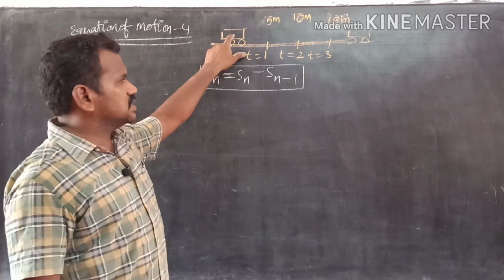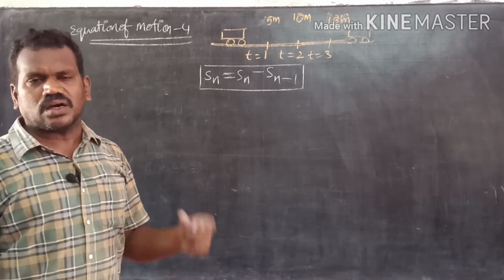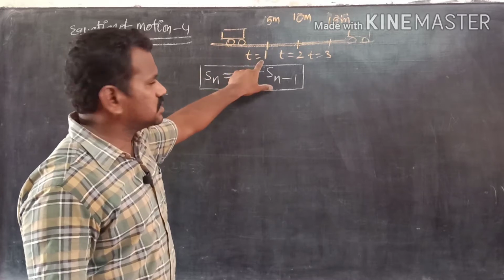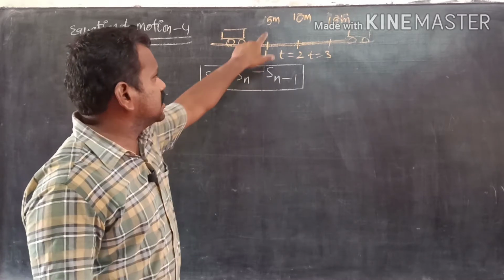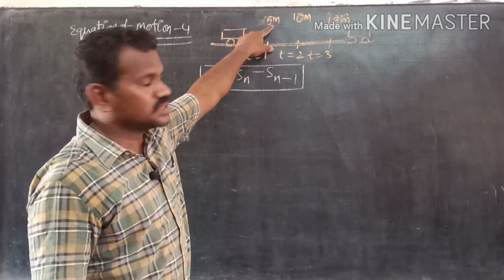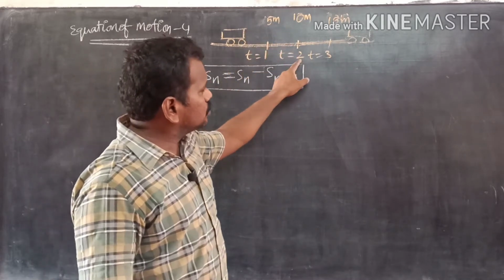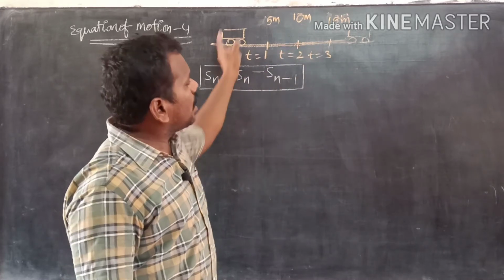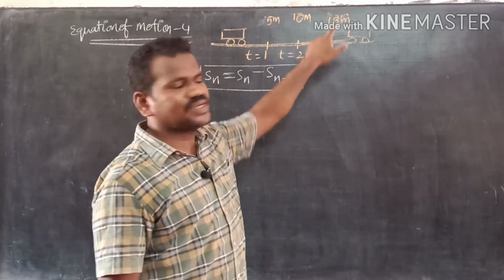Consider a body, a truck or a car or a bike, whatever it may be. It starts, and in the first second it has a displacement of 5 meters. After 2 seconds it has completed 10 meters. After 3 seconds, 15 meters.